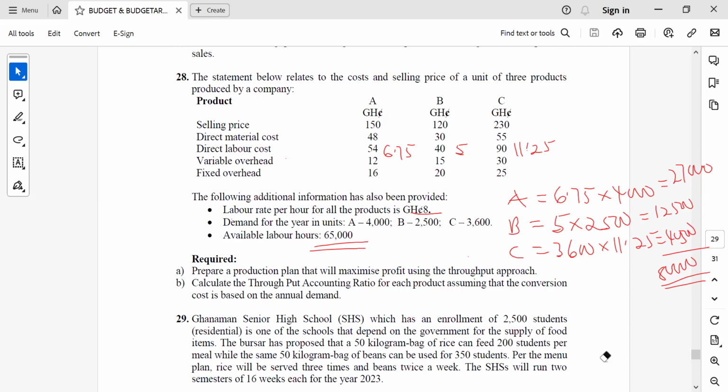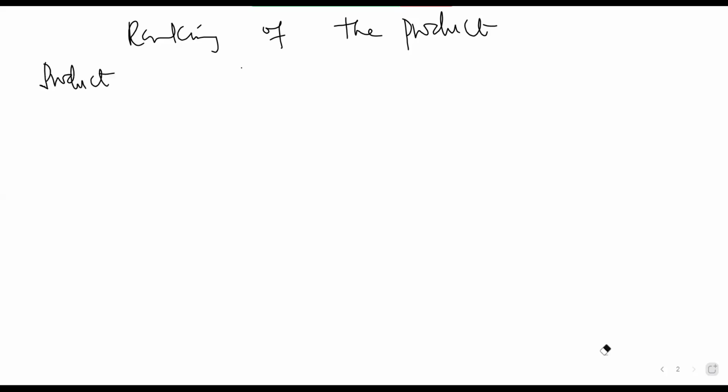So you now come to the ranking of the products. You have the products here: product A, B, then C, then you have the currency sign here.